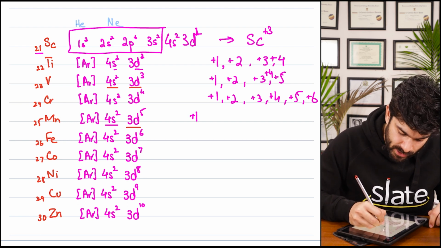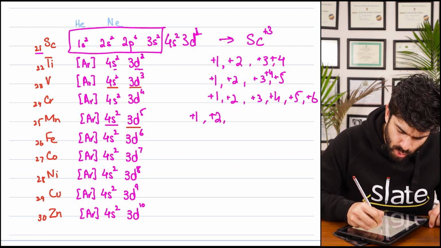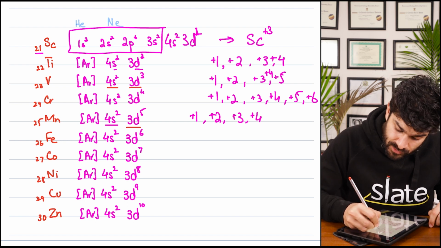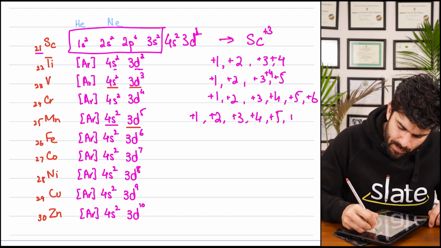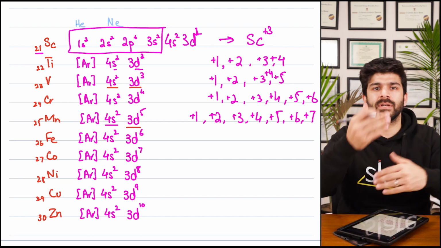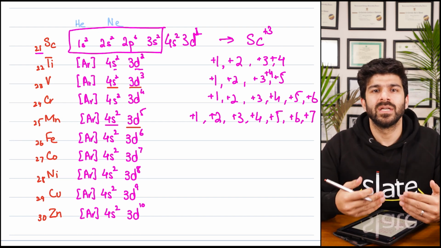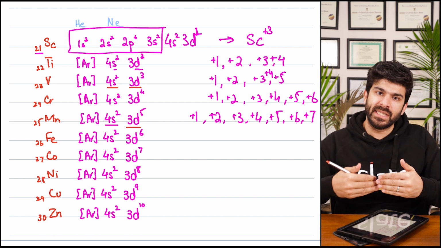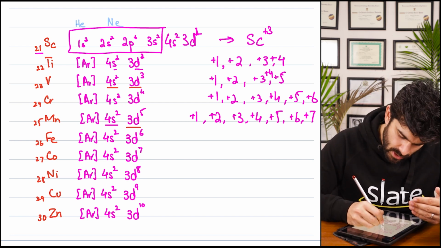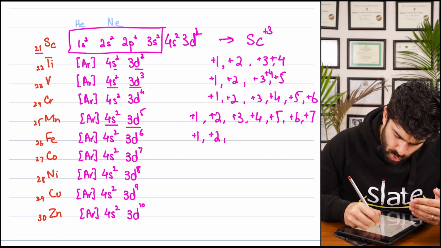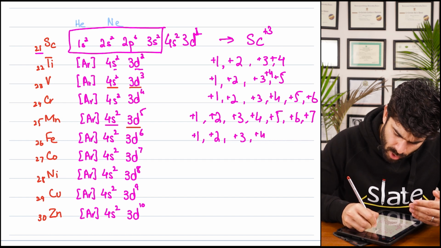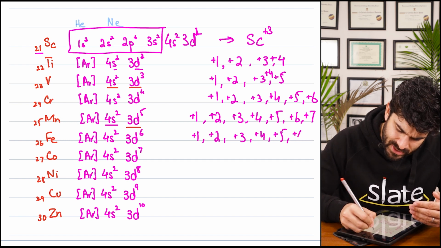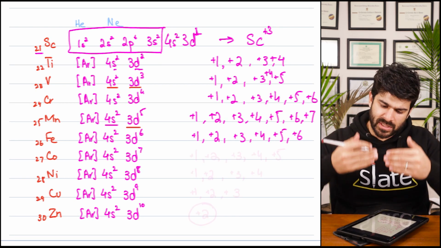Manganese, highly important. Plus 1, plus 2, plus 3, plus 4, plus 5, plus 6, plus 7. So the numbers keep increasing. But after manganese, it keeps decreasing. Plus 1, plus 2, plus 3, plus 4, plus 5, plus 6, then plus 5, then plus 3, then plus 4.